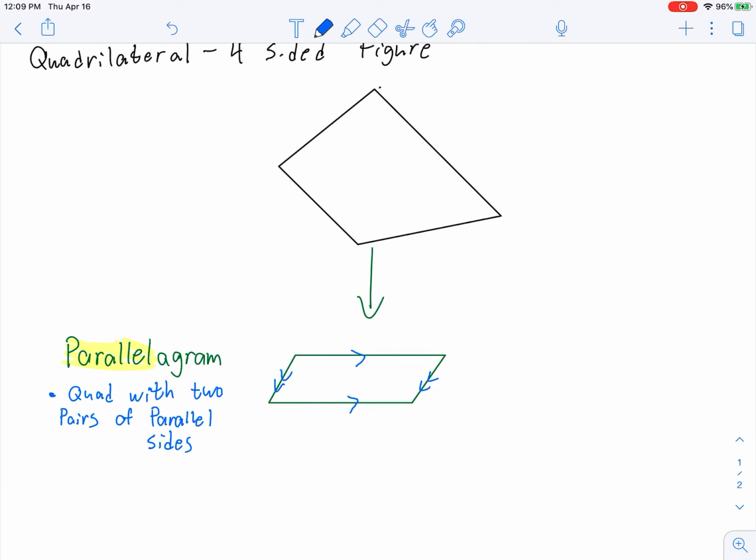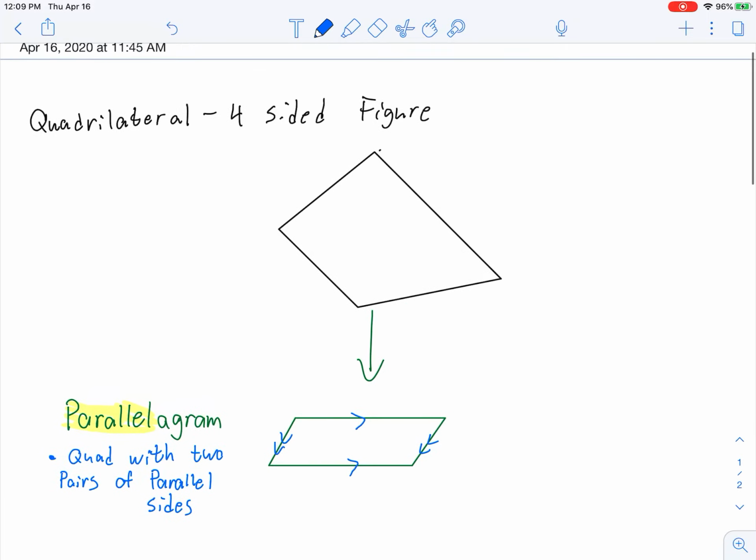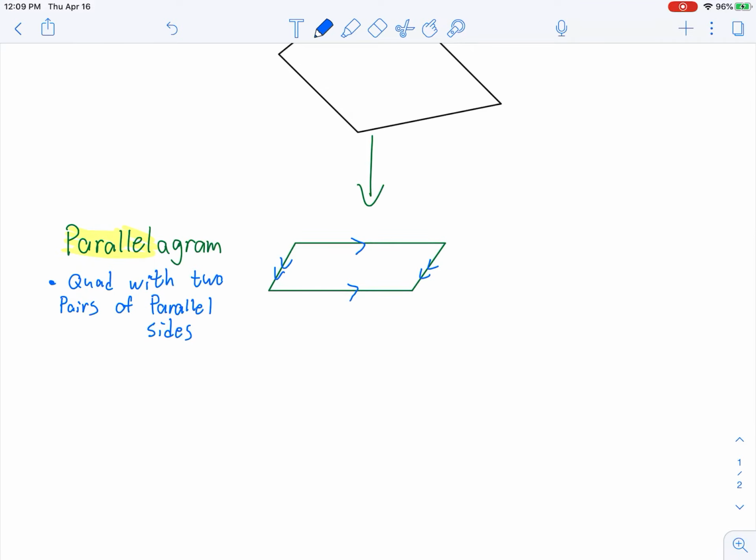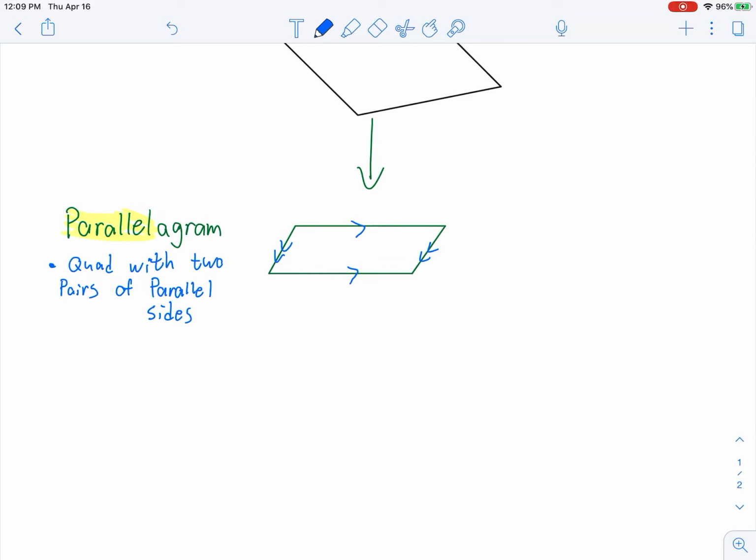Okay, that's what a parallelogram is. So quadrilateral, four-sided figure, just has four sides. Then it evolves, it gets parallel sides. Okay, so now think of this as another evolution. Okay, but it has two separate directions it can go.